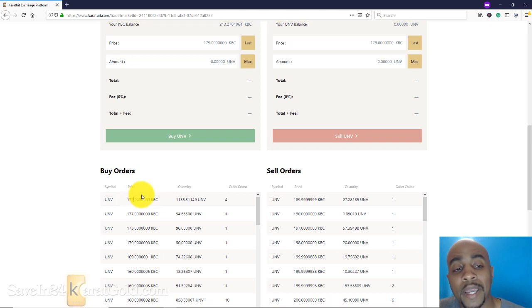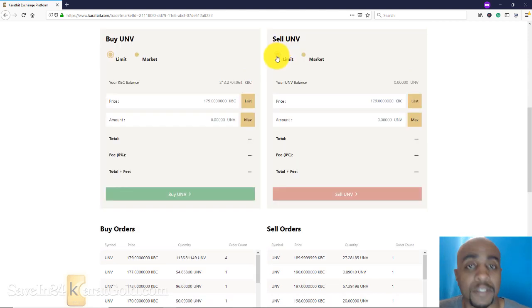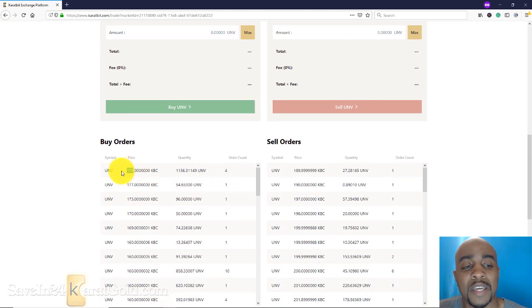So if you want to quickly acquire KBC coin, I'm going to show you two ways to do this. A more strategic way where you can control it a little bit. Limit is basically the opportunity to control the pricing on what you want to sell and buy for. That's what that means. In other words, in this example, people are willing to give up 179 KBC coin per unival.